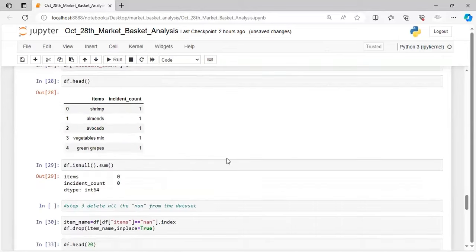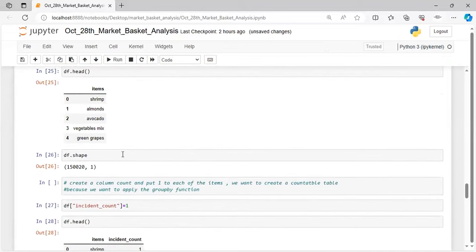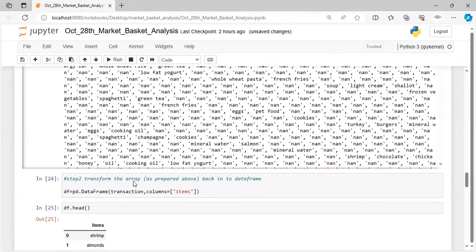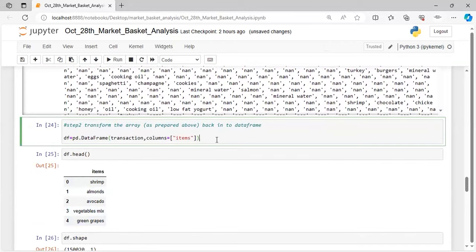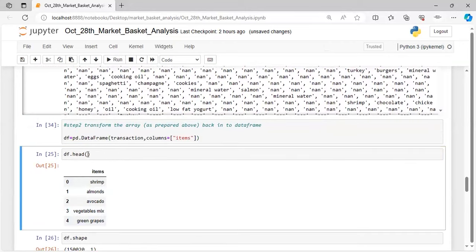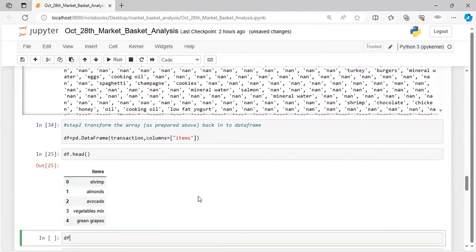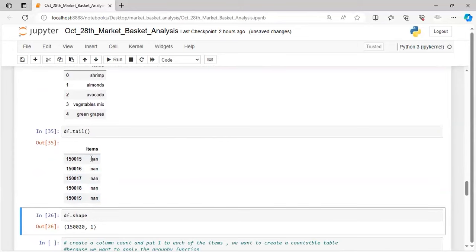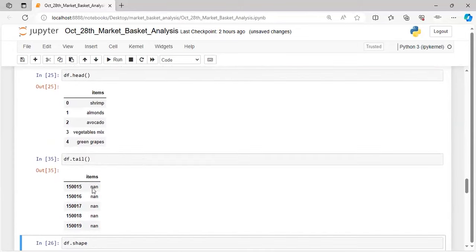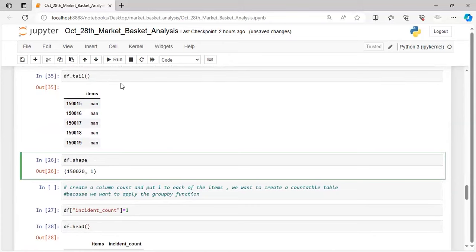In the beginning, if you write some line of code here, you will naturally find all these none values appearing. If you see df.tail, let me try it again, no problem. Look, some none values are there. That none value we want to handle; that's why we have applied this approach.